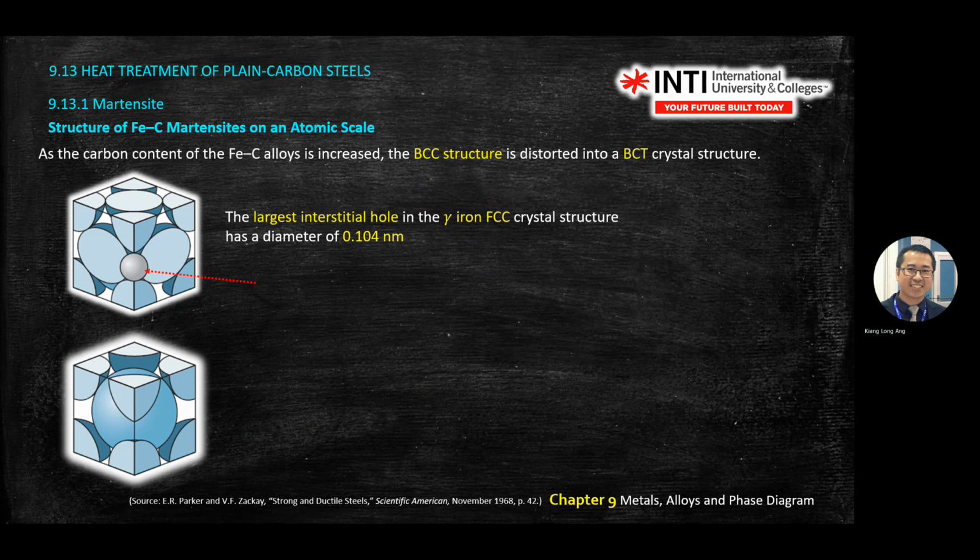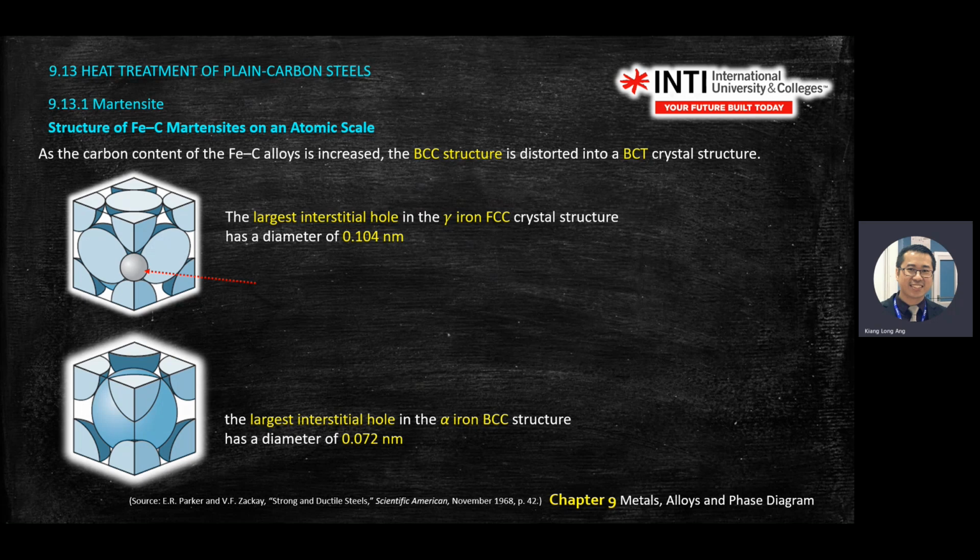Previously in chapter 1 or 2, you were given the crystal structure and the radius. There is a gap, the maximum gap you have is 0.01-something nanometer. BCC in alpha is 0.072 here, or even this place here.